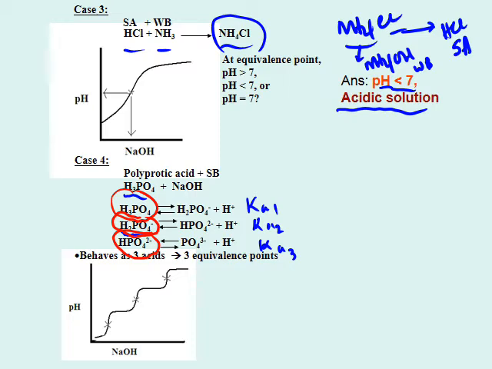The second time, you're removing H plus from a doubly negative charge, and that's harder. So in other words, there'll be a smaller amount of H plus formation from H2PO4 minus. The third case is even harder than that, because you're separating H plus from PO4 3 minus, and that's much harder, and that's why you have a much smaller quantity of H plus coming from HPO4 2 minus.